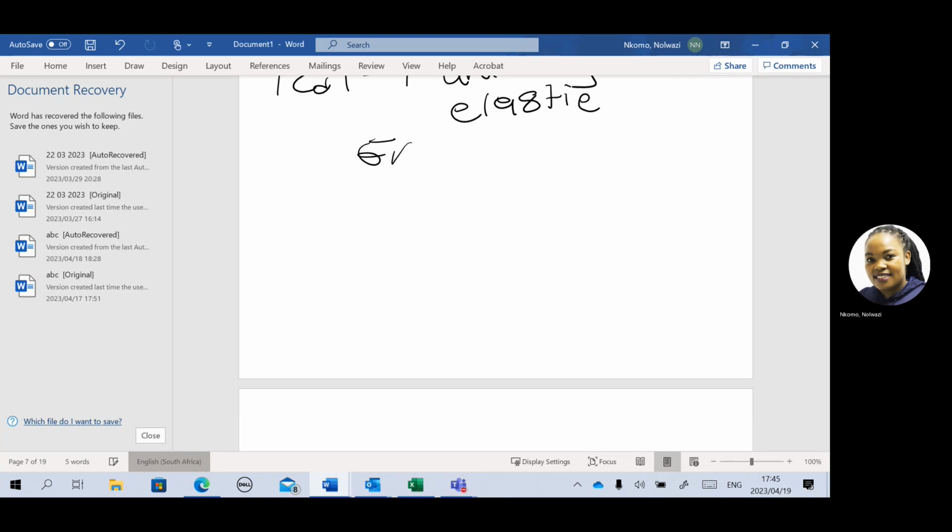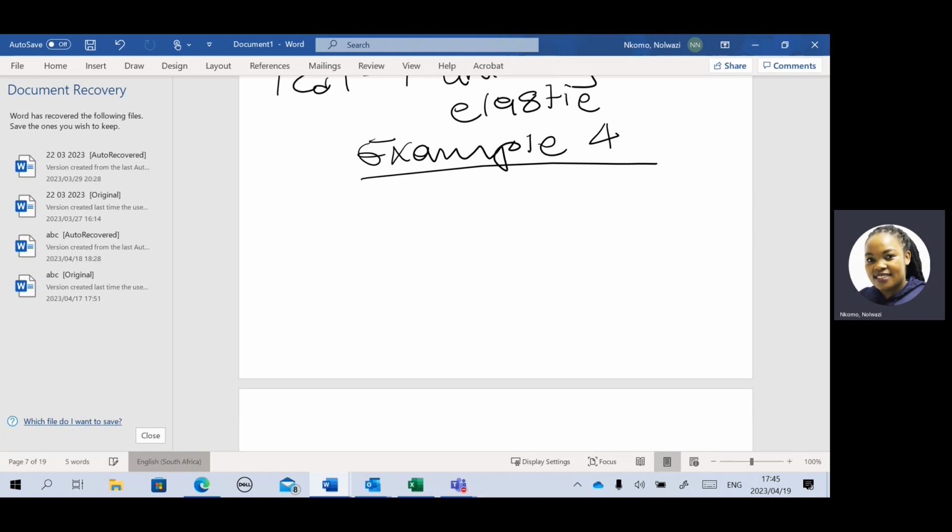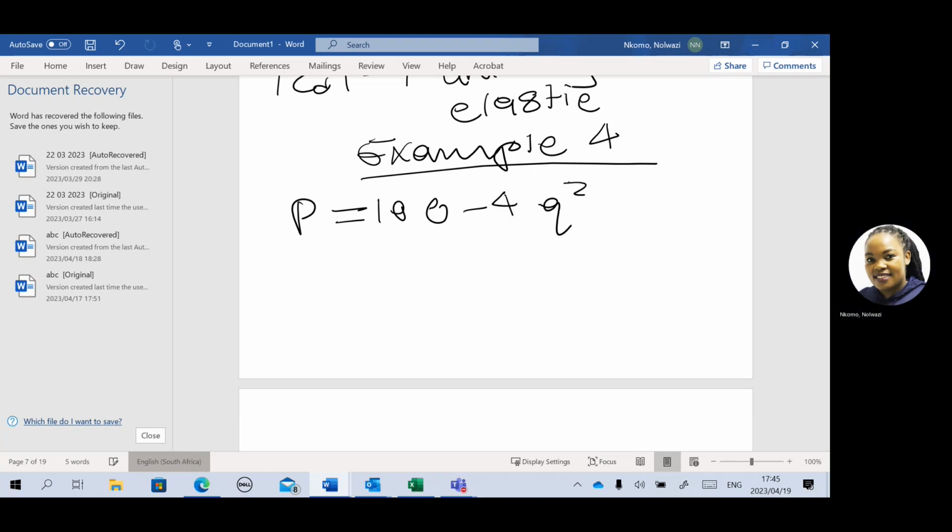Suppose we are given a demand function as in P equals 100 minus 4Q squared, right? And we are asked to find the elasticity of demand at different points.